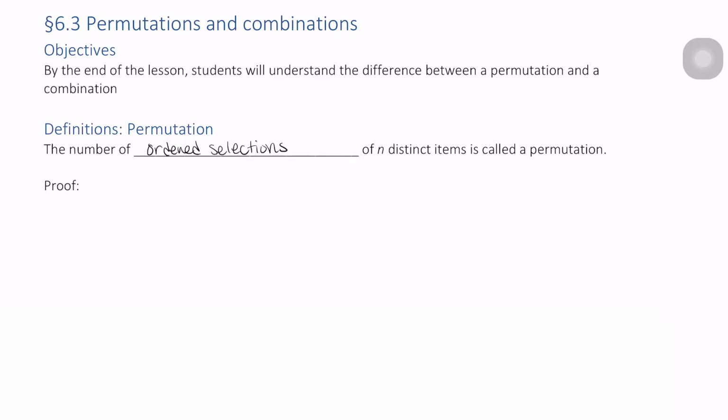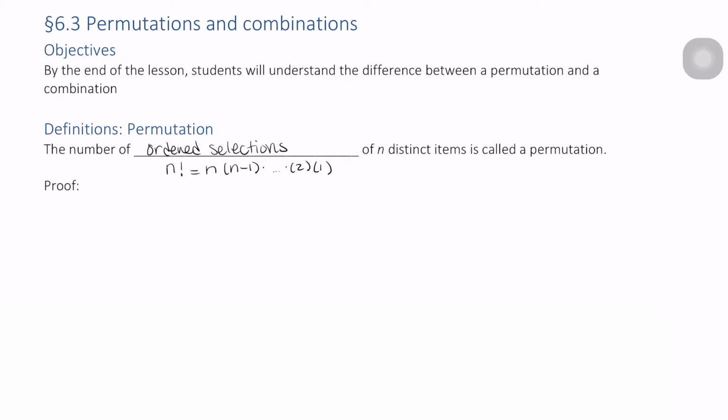Oh, excuse me. I should say what we're proving. This can be done in n factorial ways. Not only is it called a permutation, but it's written as n factorial equals n times n minus 1 times all the way down to 1. So it's the product of all of these.